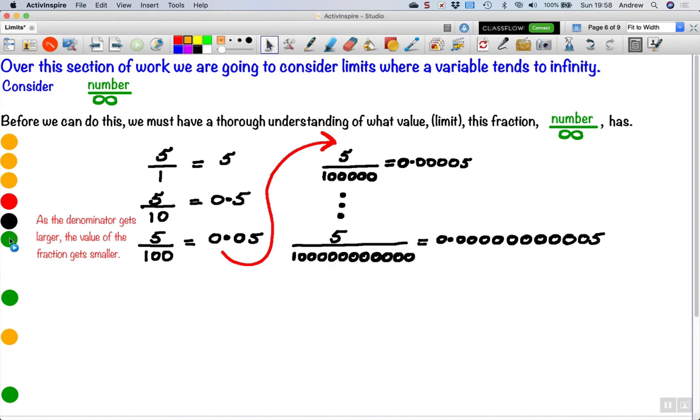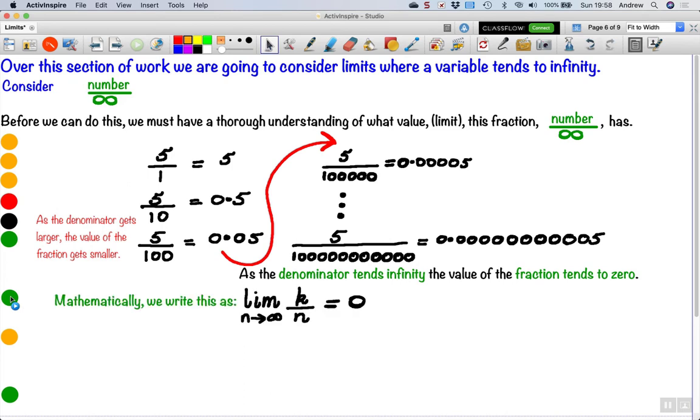And that leads us to a very, very important concept. As the denominator tends to infinity, the value of the fraction itself tends to 0. So if we have a number divided by infinity, then we're saying that that number is tending to 0.